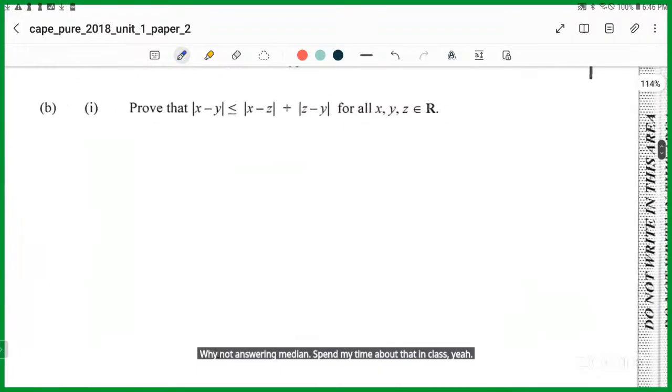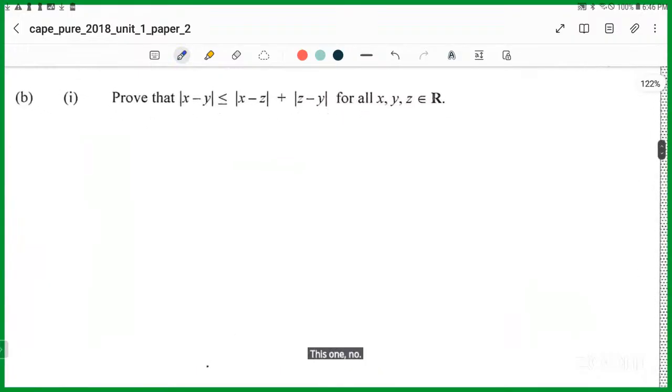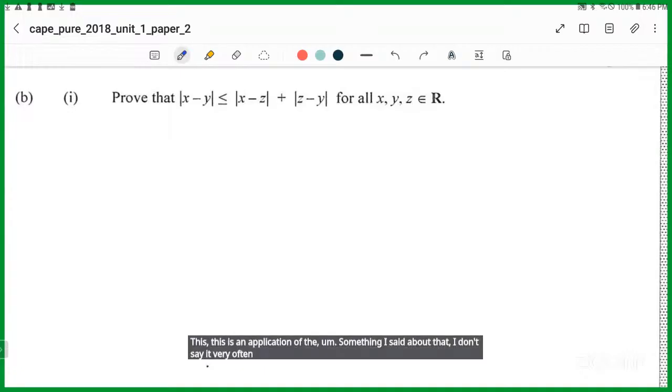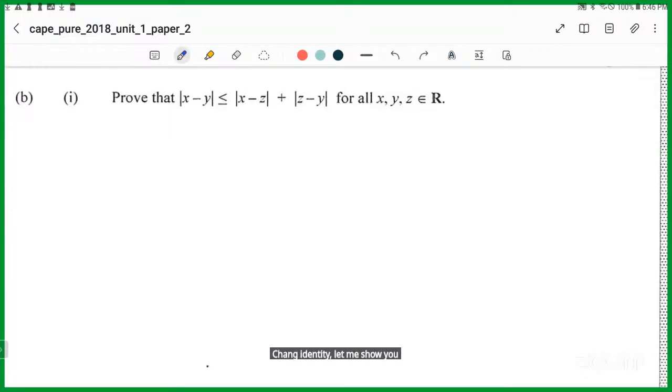Alright, this one now. So prove that this thing is equal to that. Now this is an application of something on the syllabus that I don't say very often. We'll call it the triangle identity. Let me show you its set up. That's something that you must know.